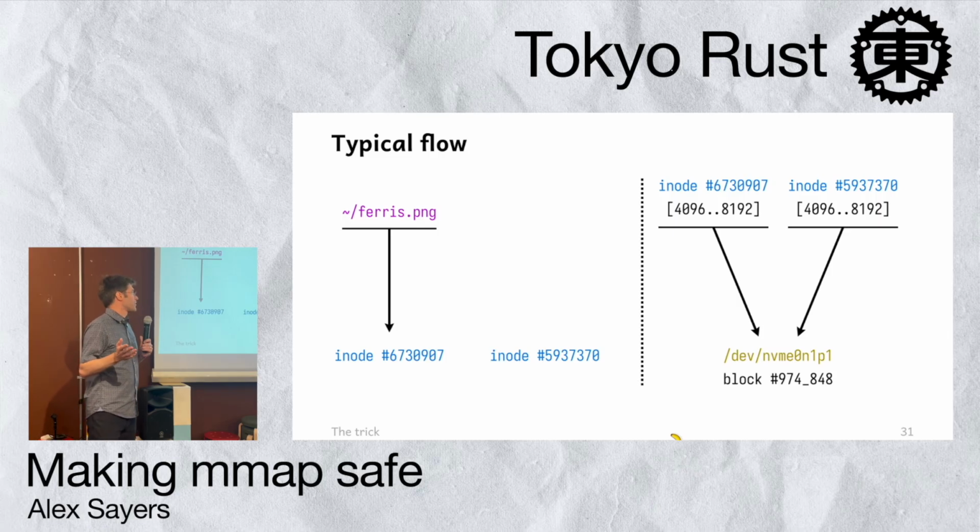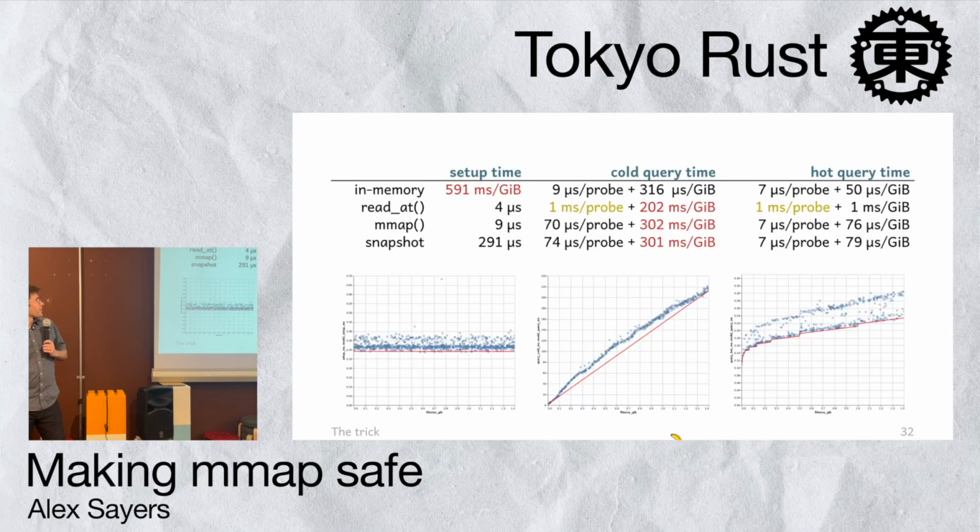Once we're done with it, we unmap and close the file. The file gets deleted, the blocks are no longer shared, and everything is back to how it was to begin with. If someone tries to modify Ferris while we have it mmapped, their writes are going to go to a different block.